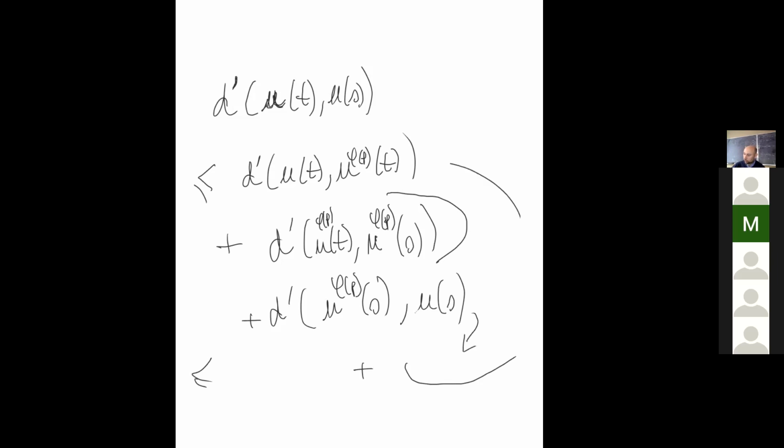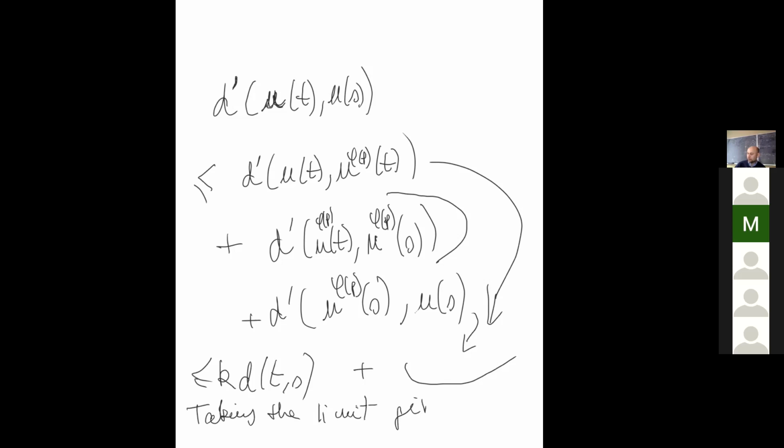So here I put those two terms. And this one, I have that this is less than, and then taking the limit gives the result, because this is going to 0.